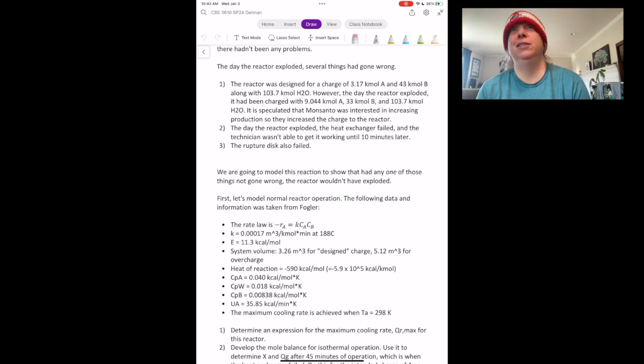And I don't mean to do that to say that reactor safety basically depends on having these 3 requirements and that none of them ever go wrong. In reality, reactor safety means having multiple layers of safety systems. So in reality, there should have been a backup heat exchanger.